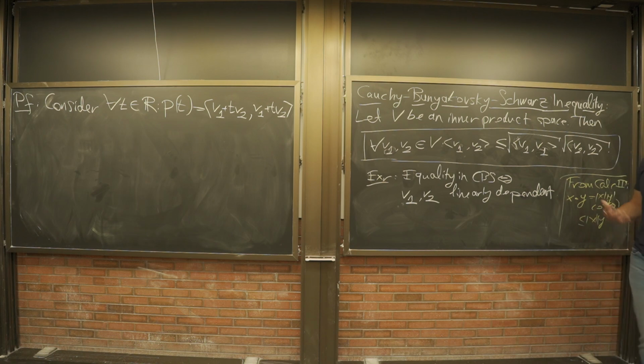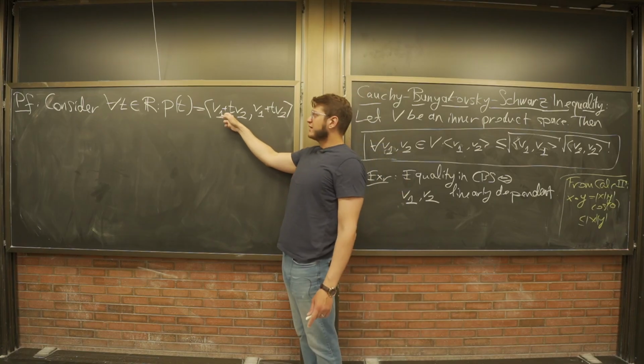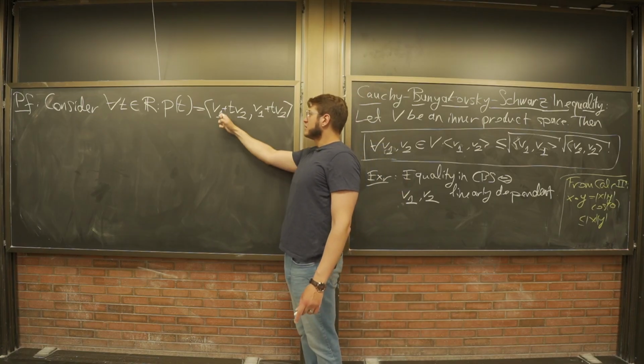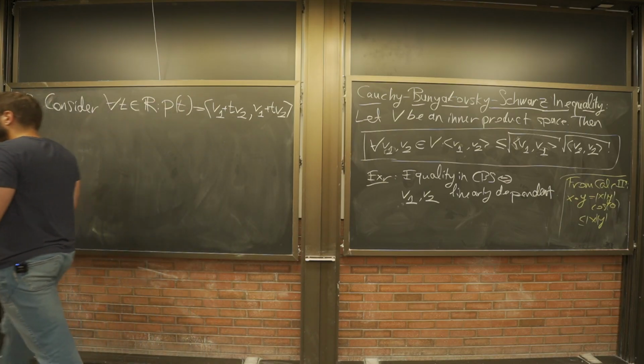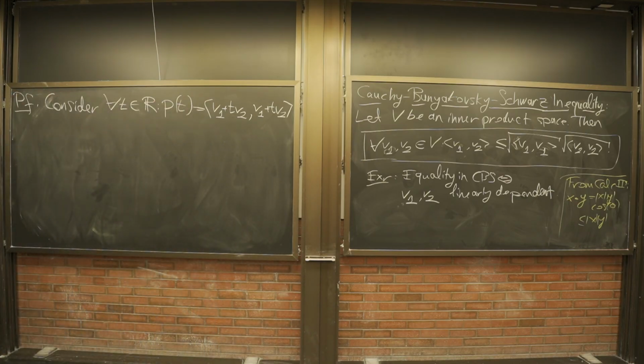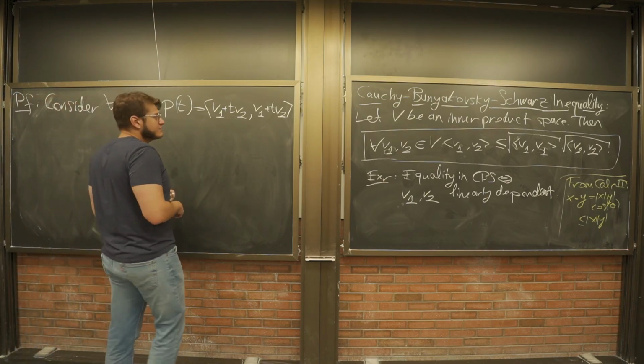So that's a function, that's a scalar, that's a single variable, real valued function if you want. It depends only on a scalar. v1 and v2 are fixed, and the outcome is going to be the outcome of the inner product, but we know that inner products are scalar valued. Okay?